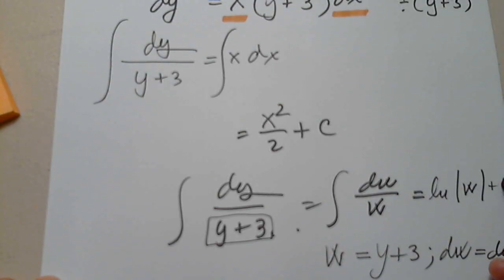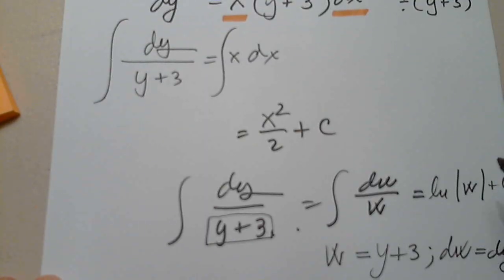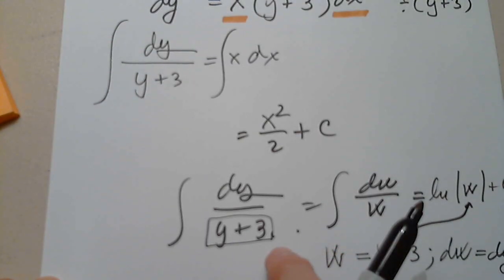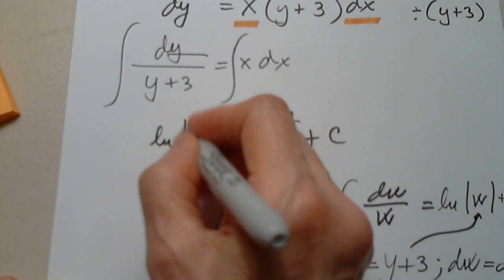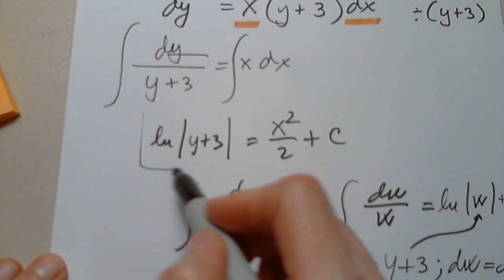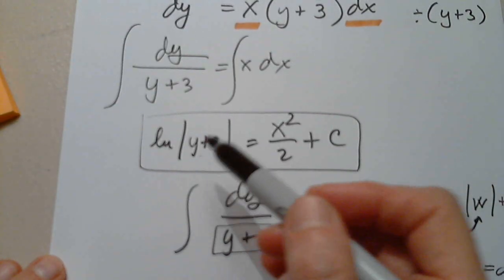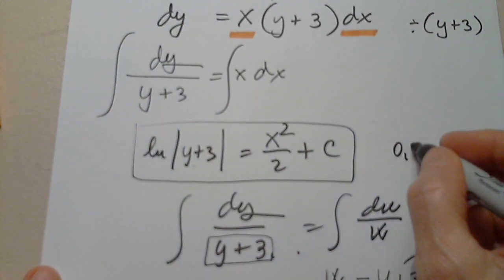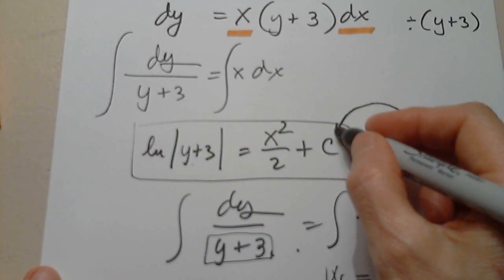I will write a constant here because it's an integral, but I will not write it here. Of course I have to go back to the original variable because this is an indefinite integral. So I have natural log of the absolute value of y plus 3. And this is the equation that I have to solve for y. And I'm also given 0, 5. That will help us determine c.